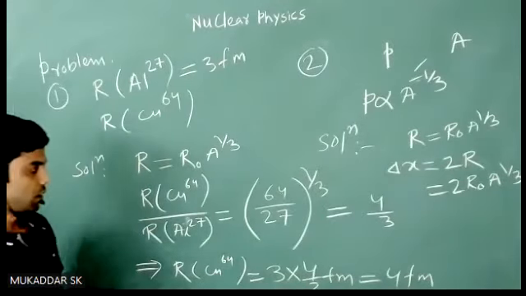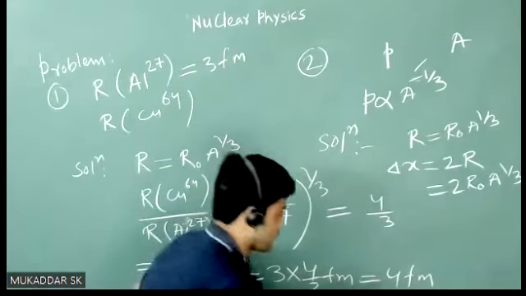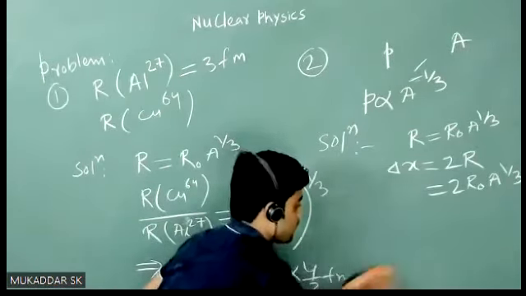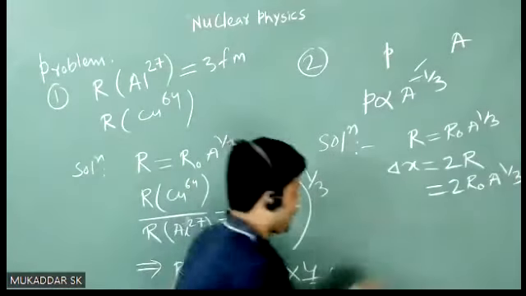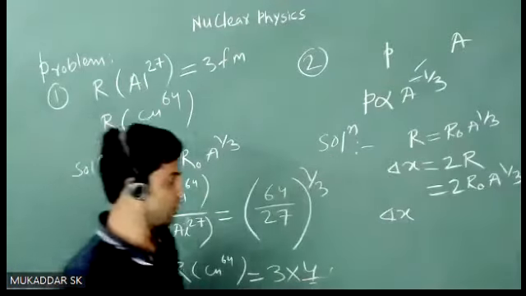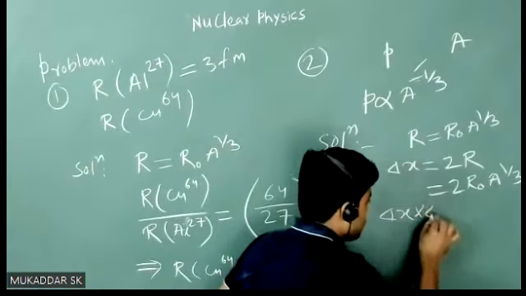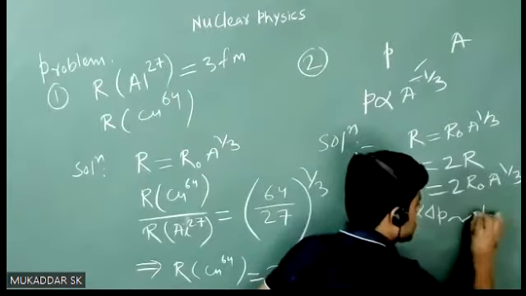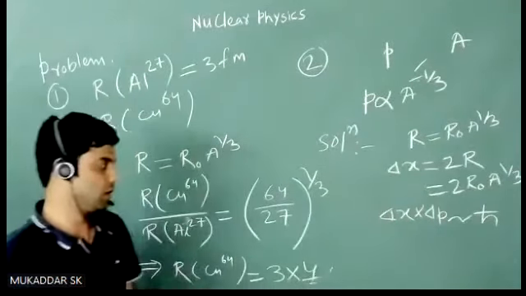Okay. Now from the Heisenberg uncertainty principle, you know that delta x, uncertainty in position, times uncertainty in momentum, will be of the order of h cross. h cross is the reduced Planck constant.